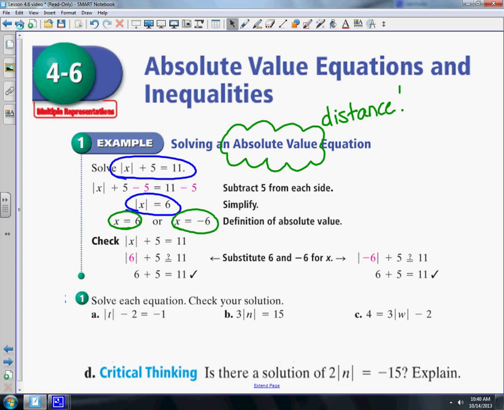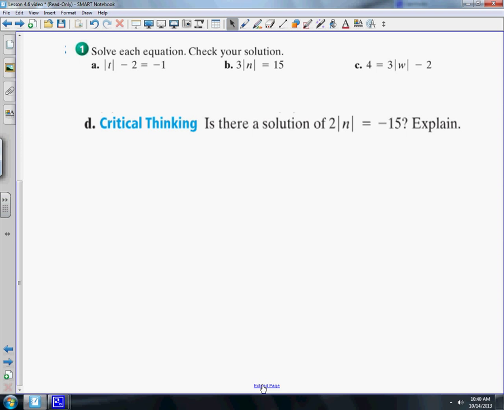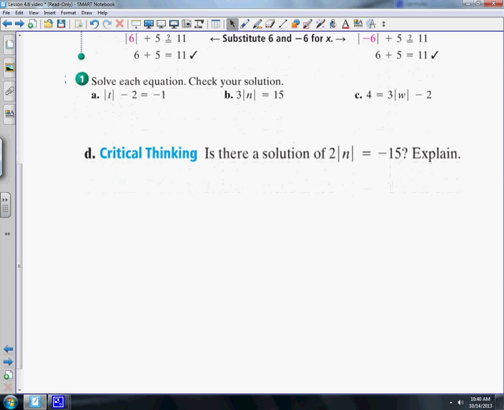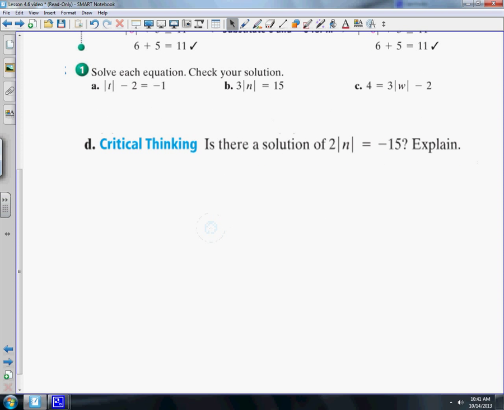So, let's look at some examples. So try these in your notebook, and then we will go over them. Okay, so this one here, I'm going to add 2 to both sides. So then I get the absolute value of t equals 1.